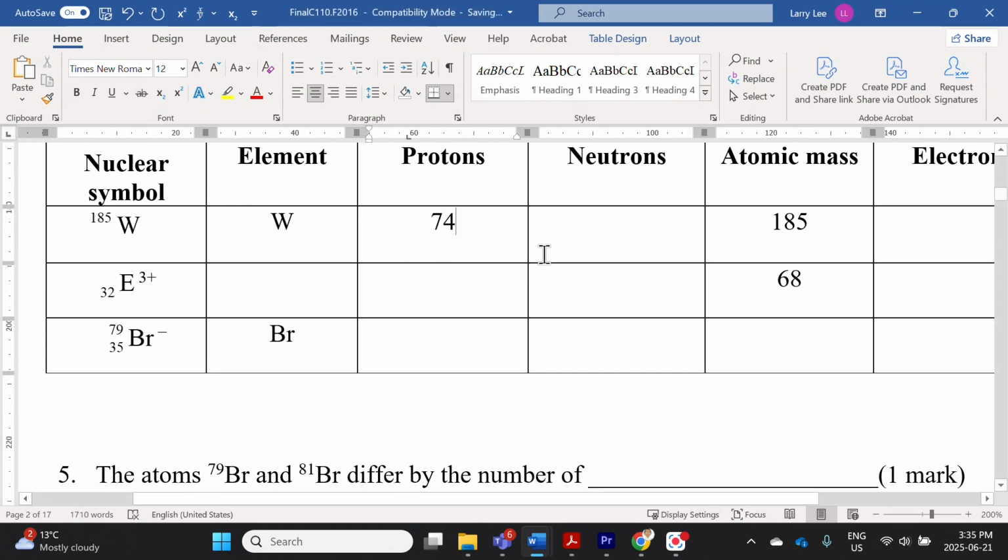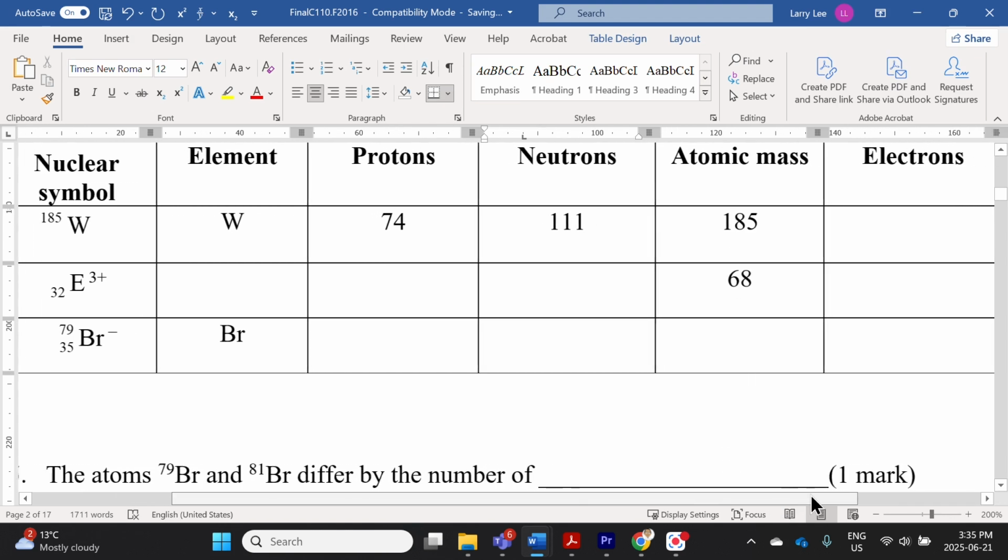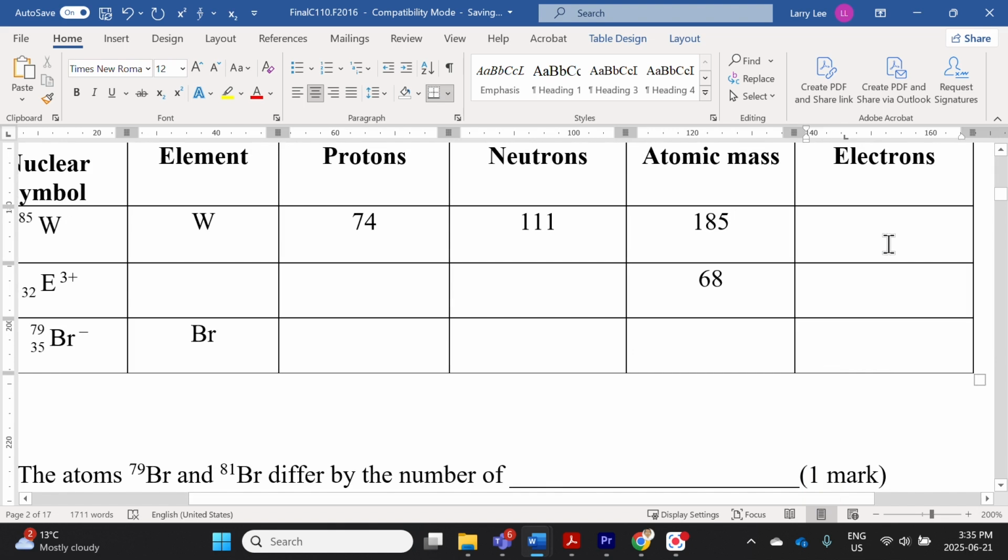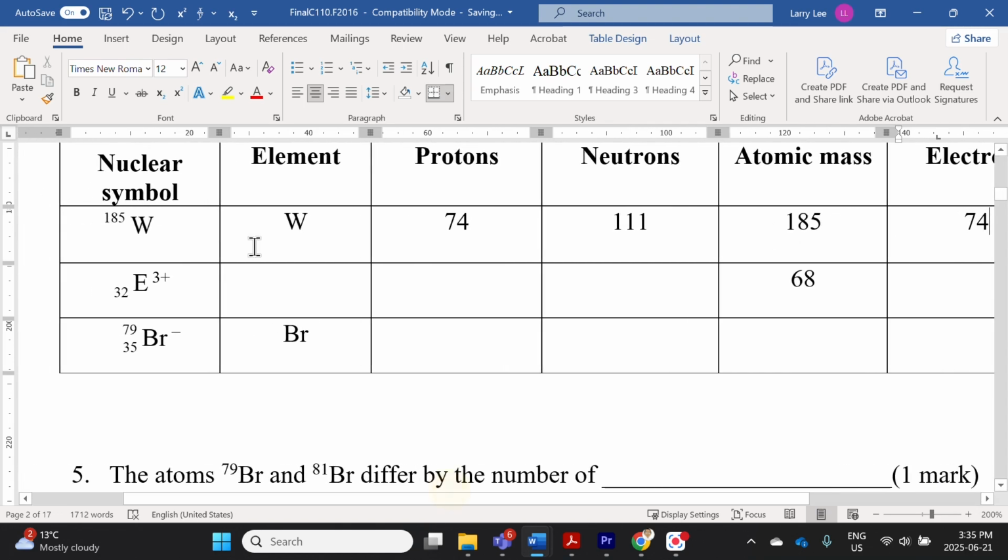Okay, now to find the number of neutrons, we normally put the 74 underneath the 185, and you do a quick calculation, 185 minus 74, gives you 111. The number of neutrons. Again, this is one of the isotopes. Now, the number of electrons and the protons will be exactly the same because, as you could see in our symbol, there is no charge.